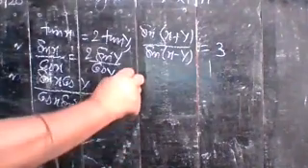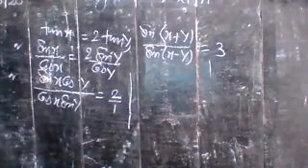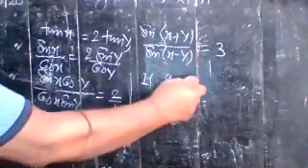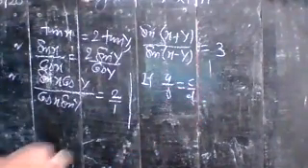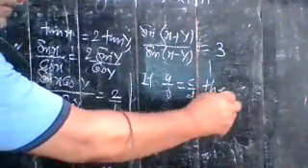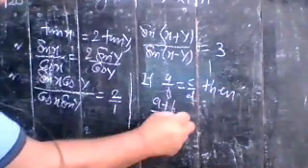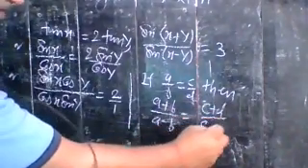Now, here you see componendo dividendo. What is the meaning of componendo dividendo? If a upon b is equal to c upon d, meaning these two ratios are equal, then a plus b upon a minus b is also equal to c plus d upon c minus d.